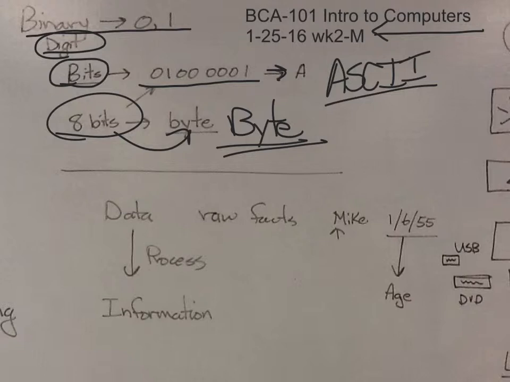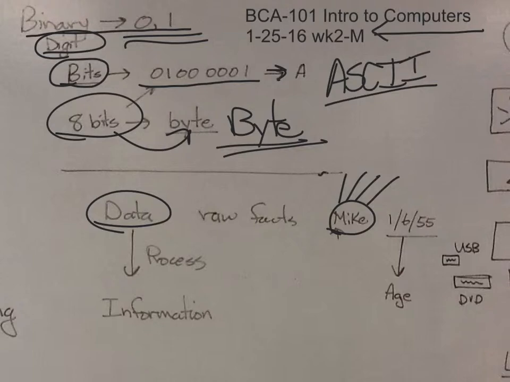So we have data, it's represented by 1s and 0s. For example, the word Mike. There'd be ASCII code that represents each of those characters, which would be a group of 1s and 0s. Could look those up if we wanted to, but we're not going to. Then there's a way to store a date as a number.